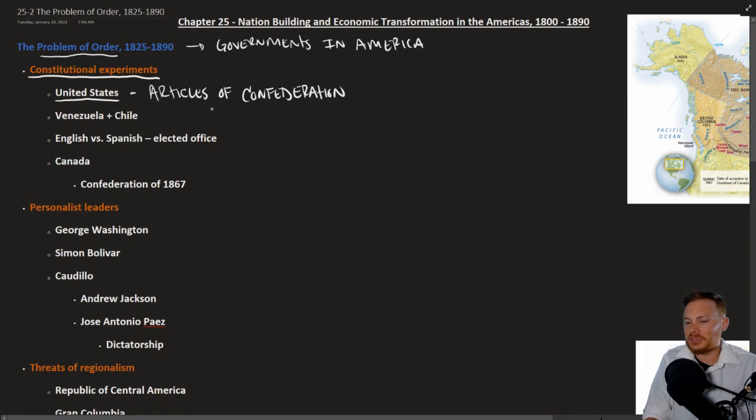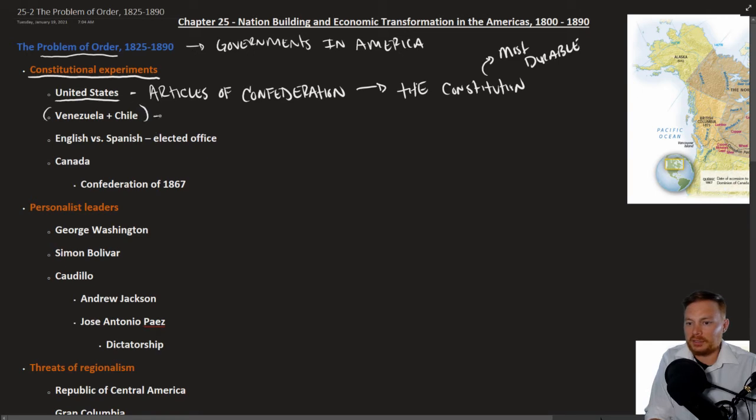Turned out that it wasn't strong enough to really solve the nation's problems, and so in 1789, the founders, George Washington and others, created simply the Constitution, which has in fact proved to be not just durable, but really the most durable governing document. So even the U.S. had their issues with the first government there.